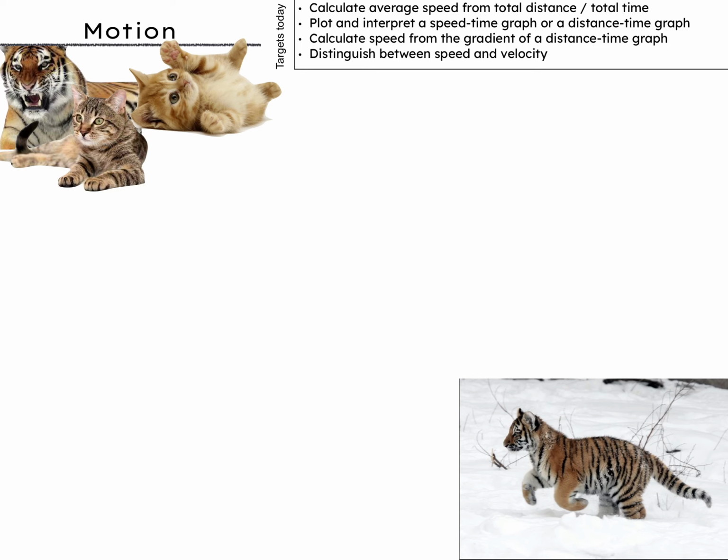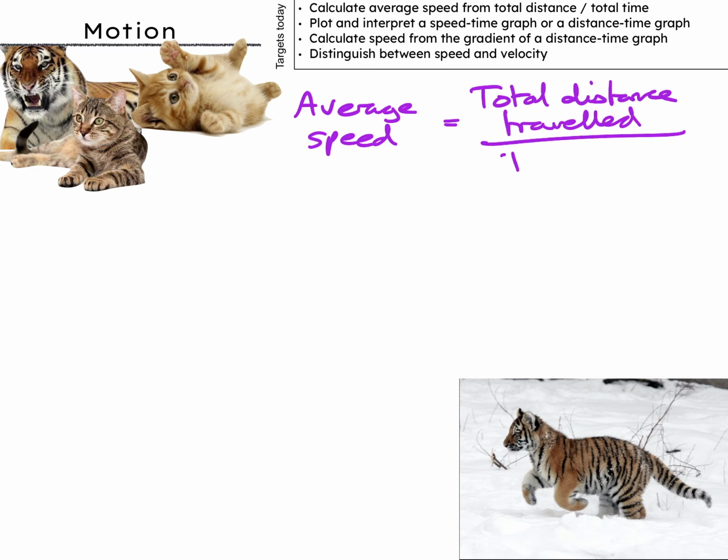Firstly, let's be clear with things. Speed equals distance over time is not really what we want now. It's a bit vague. Average speed is equal to the total distance travelled divided by the total time taken. If we look at a distance time graph, let's start with a straight line.